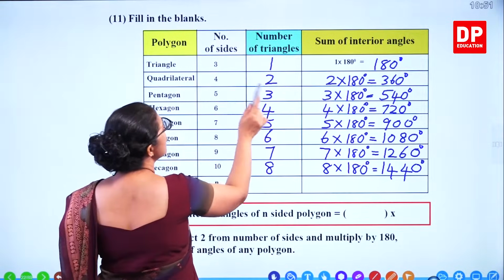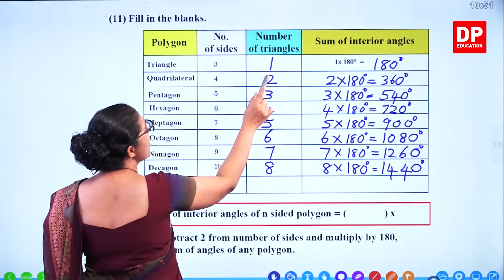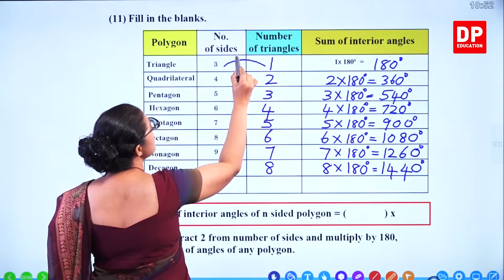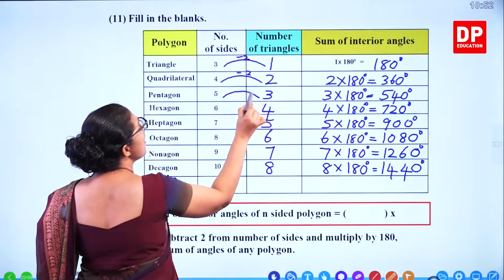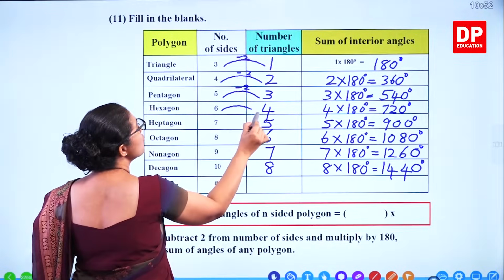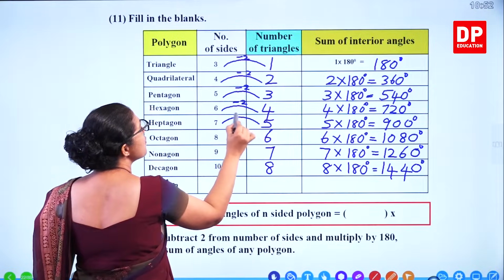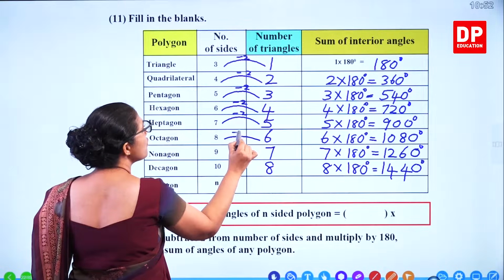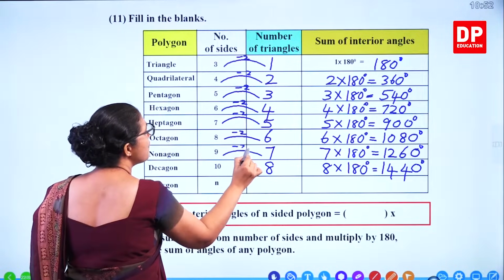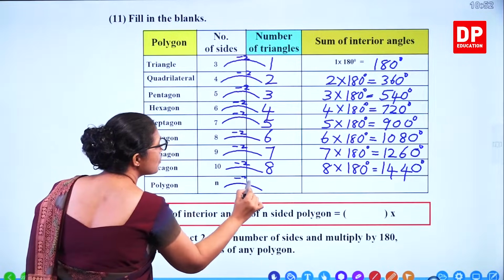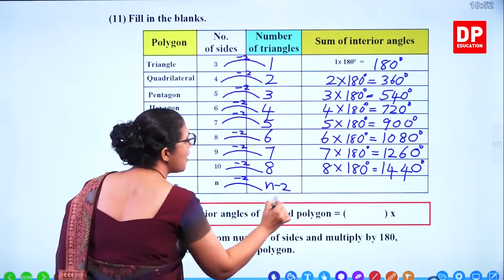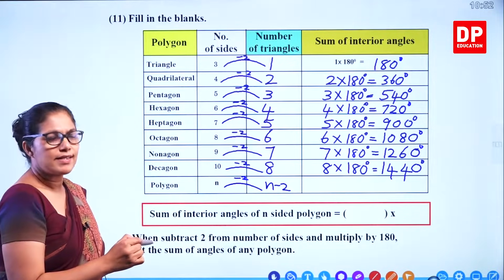See, 3 becomes 1, subtracted 2. 4 becomes 2, subtracted 2. 5 becomes 3, subtracted 2. All these subtracted 2. So that means if this is n, subtract 2, you get n minus 2 triangles.